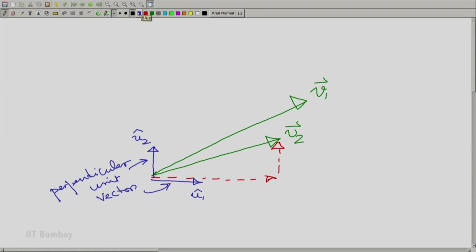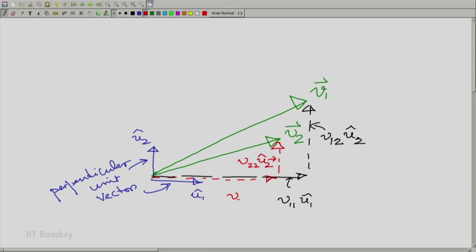The red one for V2, and let me use black for V1. So, I call this V12, because this is V12 U2 cap, and this is V11 U1 cap here, and this is V22 U2 cap and V21 U1 cap.